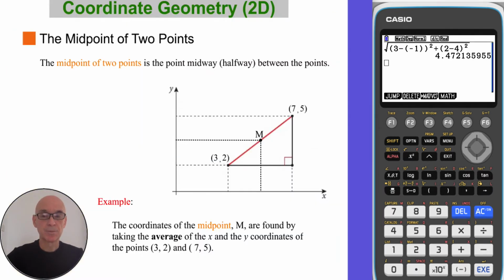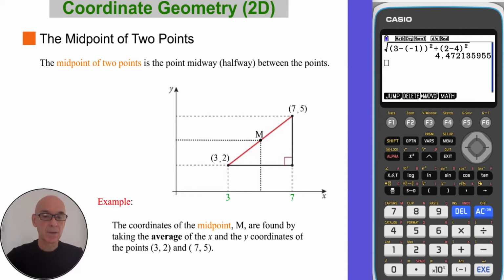The midpoint of 2 points is the point midway or halfway between the points. In other words, the point halfway along the line segment. In the example shown, the coordinates of the midpoint, M, are found by taking the average of the x-coordinates and the average of the y-coordinates.